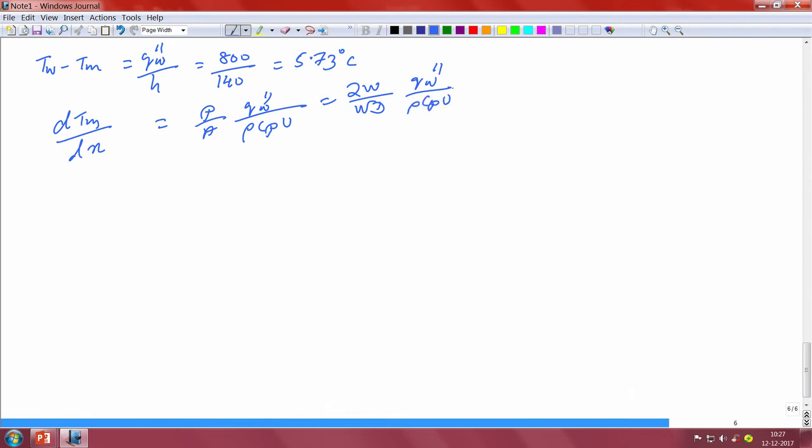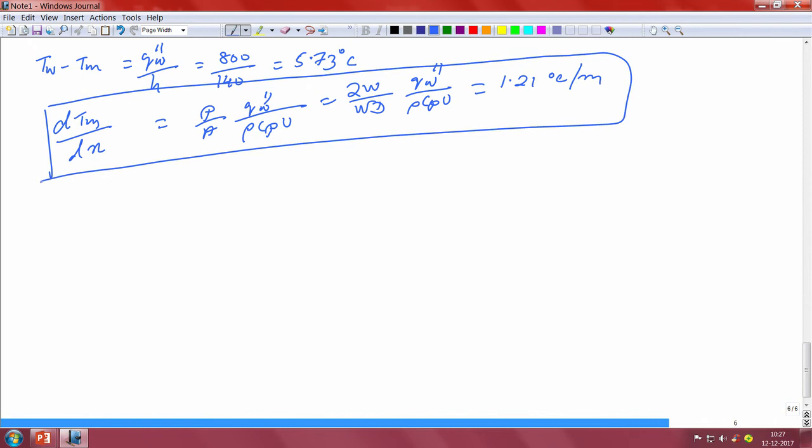So, if you plug in the numbers, this gives you that the rate of temperature drop is actually given as 1.2 degree Celsius per meter.